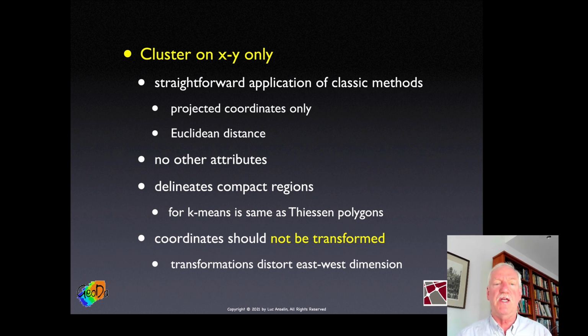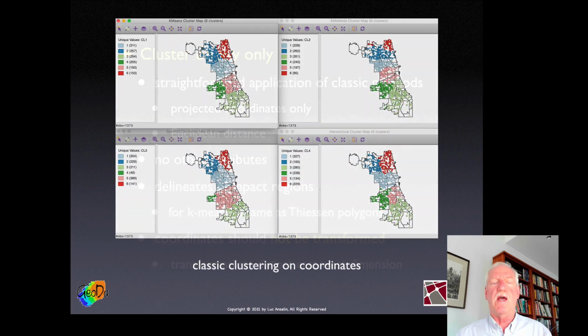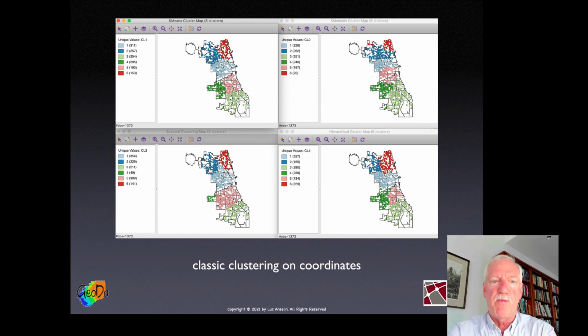As we've already seen in the context of k-means, the result is actually the same as Thiessen polygons. And just to give you an idea what this looks like, there's really no point in going into too much detail, this is an example of k-means here on the upper left, k-medoids, spectral clustering and hierarchical clustering using Ward's criterion.